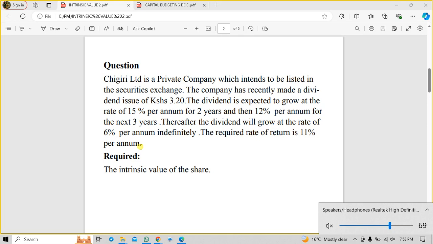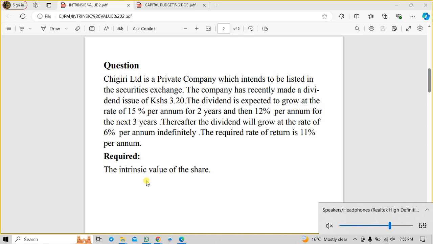Then you're required to calculate the intrinsic value of the share. The good thing is that when this question comes, it is never twisted. So let's just proceed.